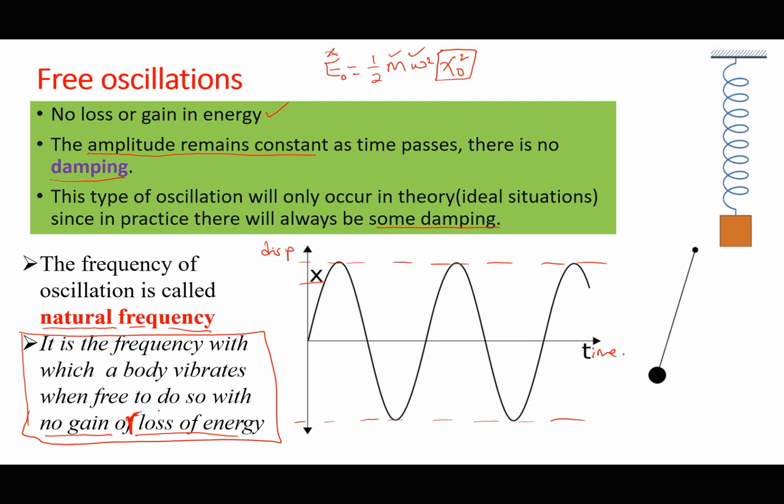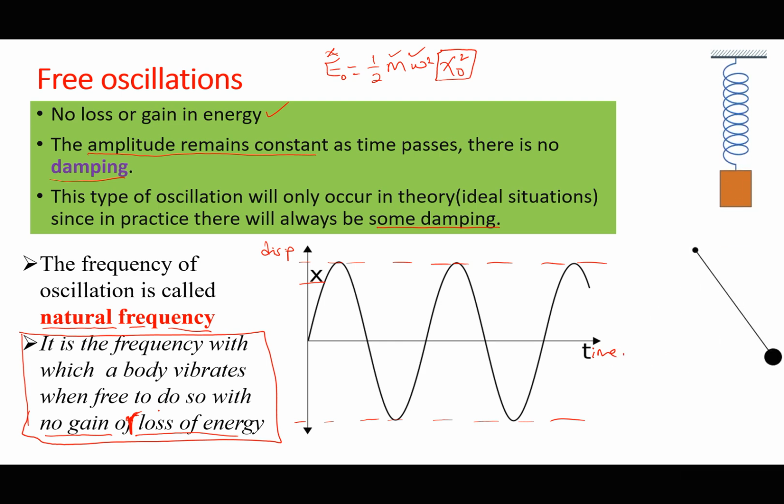Therefore, the oscillations of that object are going to be called free oscillations. There is no external influence, no gain or loss in energy. The frequency is going to be called the natural frequency. The body oscillates with constant amplitude since there is no loss or gain in energy. Such oscillations are called free oscillations.